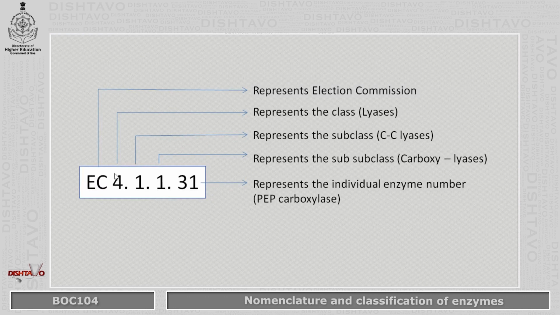Number 4 represents the class, that is lyases. The number 1 represents the subclass, which cleaves carbon-carbon bonds. The third number represents the sub-subclass, that is carboxylases, and the fourth number represents the individual enzyme number for PEP carboxylase.